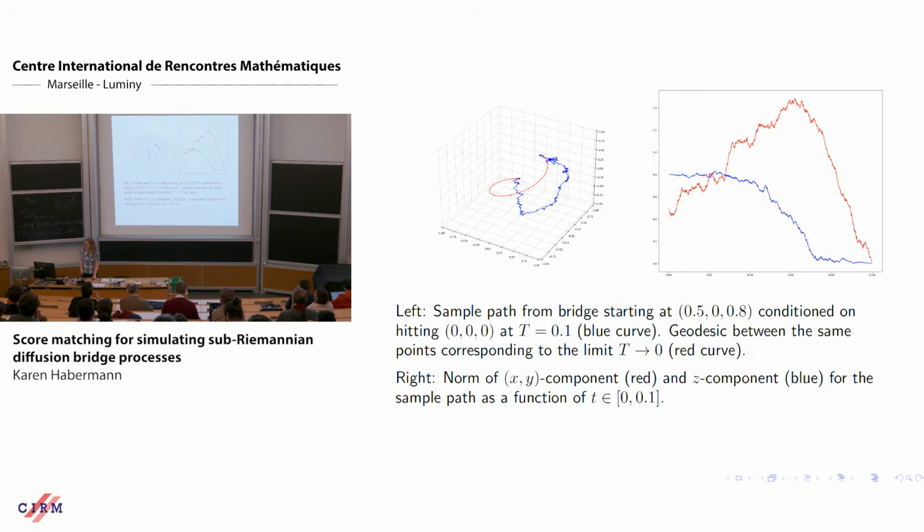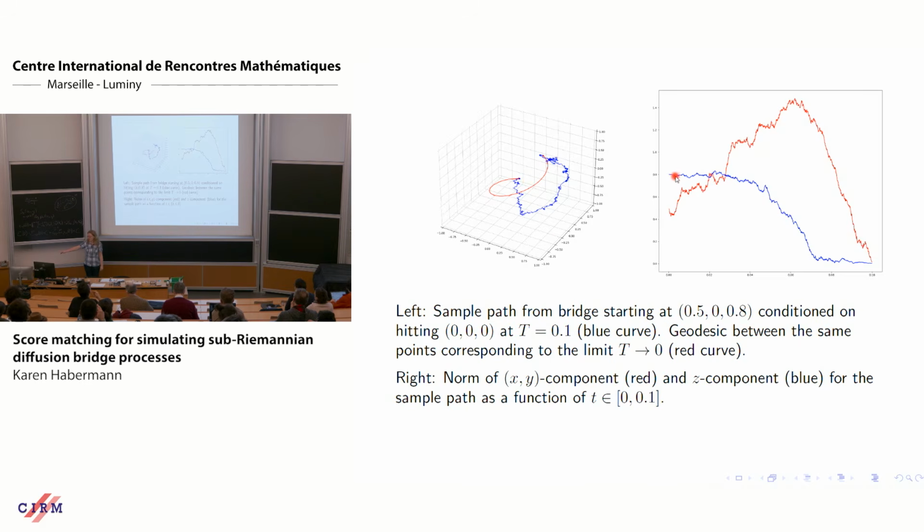And then here is a simulation of a bridge. So the idea is you start off at this point, which is 0.5, 0, 0.8, and it's pushed back to the origin.